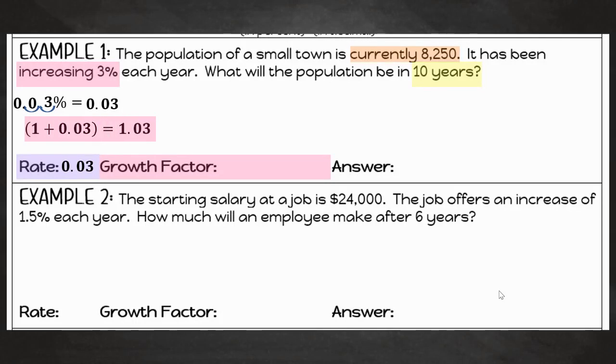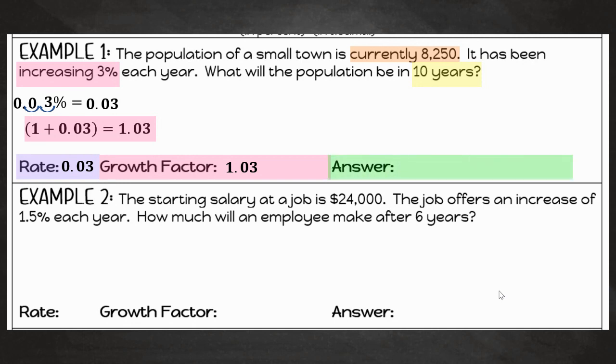So then we have 1.03. I know it may seem silly, but a lot of students often forget to add the 1 and they just multiply by the 0.03. But that 1 is actually ensuring that you still are counting the initial amount that you had when you started off. So you have to have that 1.